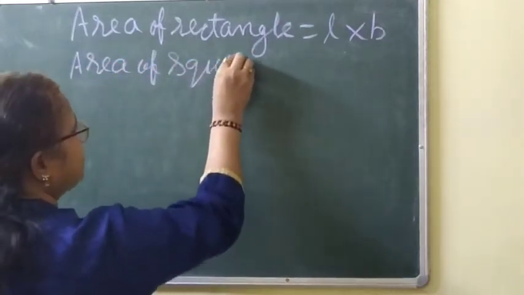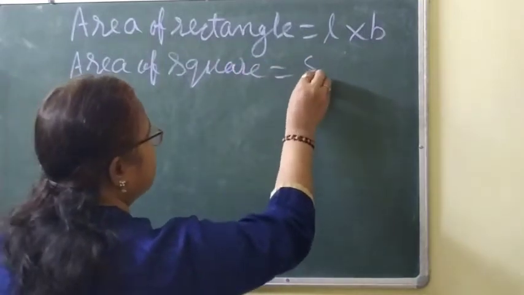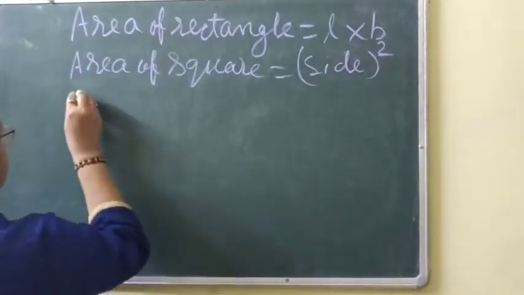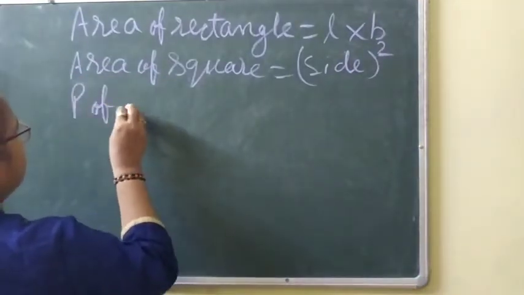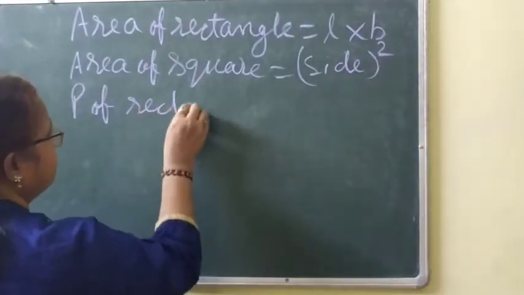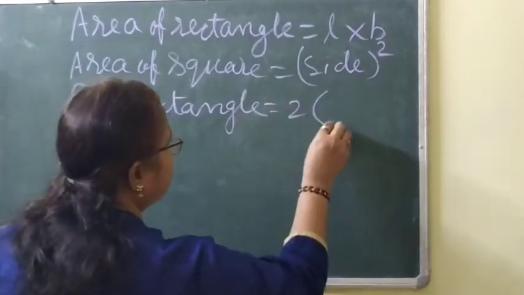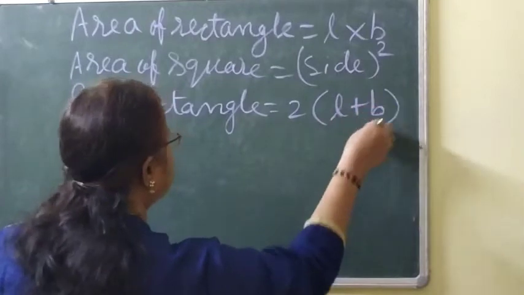Then area of square. Area of square is equal to what? Side squared. Then perimeter of rectangle is 2 into (L plus B).